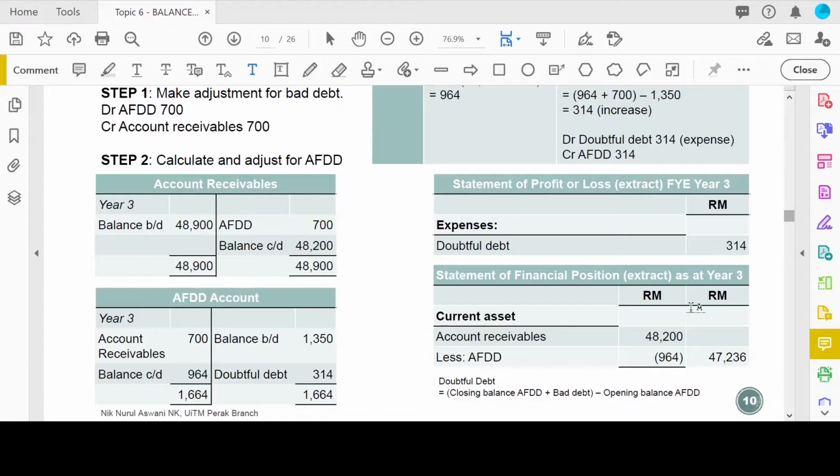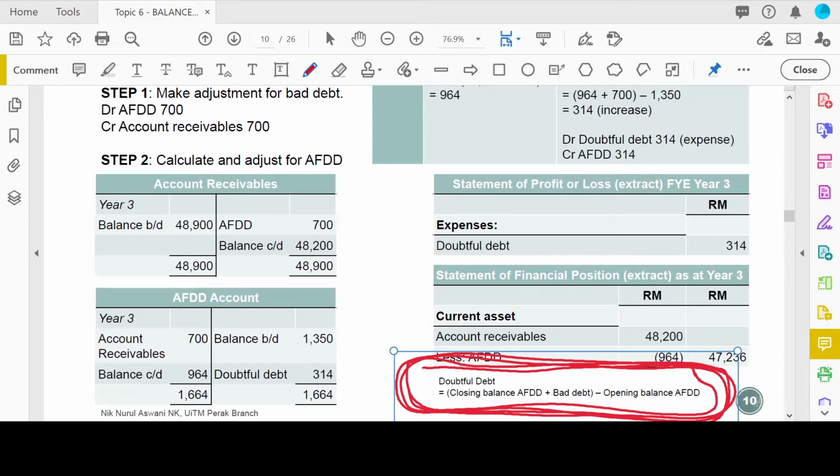How to calculate whether there is any increase or decrease in doubtful debt? This is the formula, down here. If you use this formula, it will be easier for you to identify whether there is an increase or decrease to doubtful debt.